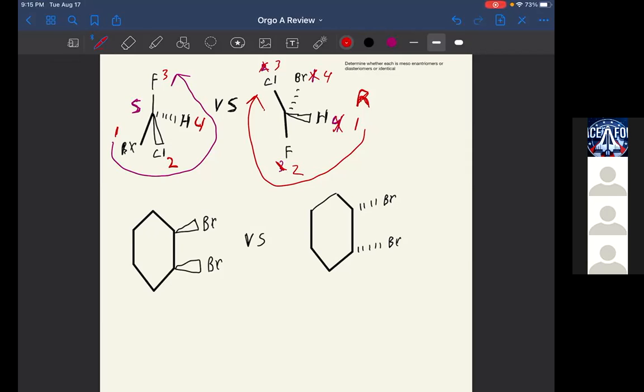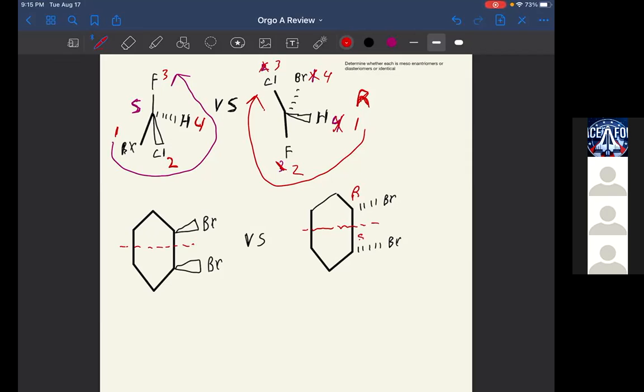Okay. So now then, is this one an enantiomer, diastereomer, or meso compound? This one's kind of a trick question. You want to think it's an enantiomer because both the chiral centers go from wedges to dashes, but it's actually a meso compound because it has that internal plane of symmetry.